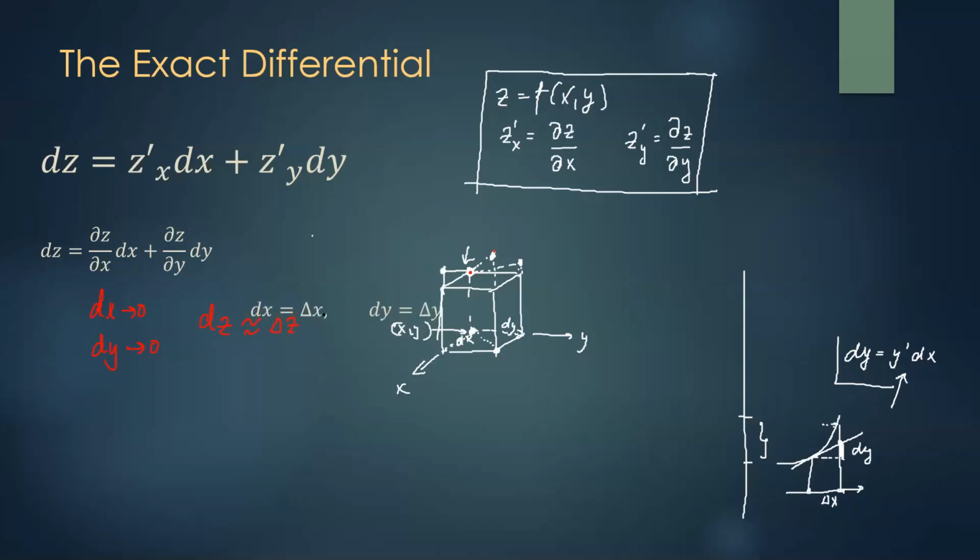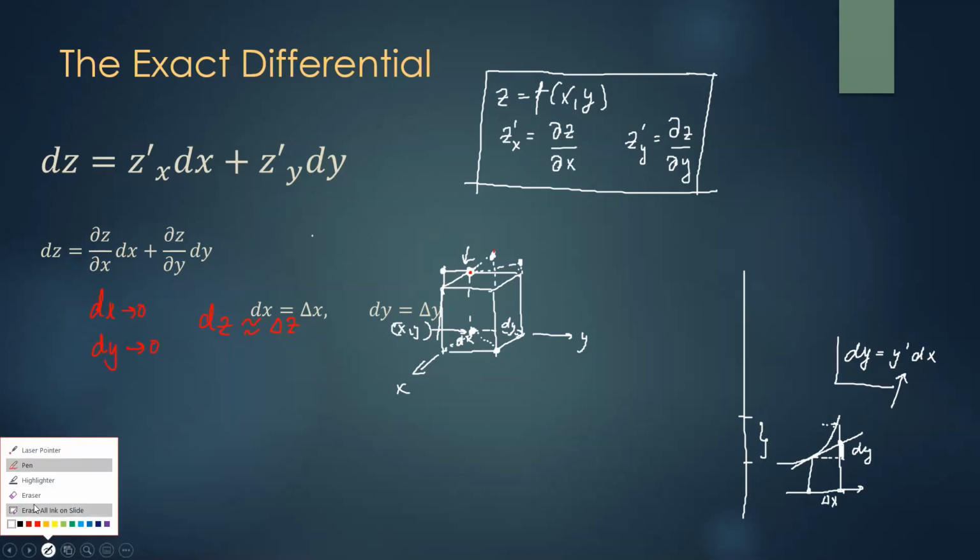And so dx is the same as delta x, the small step, and dy is the same as delta y, a small step in those directions. So that's why I said tends to 0.